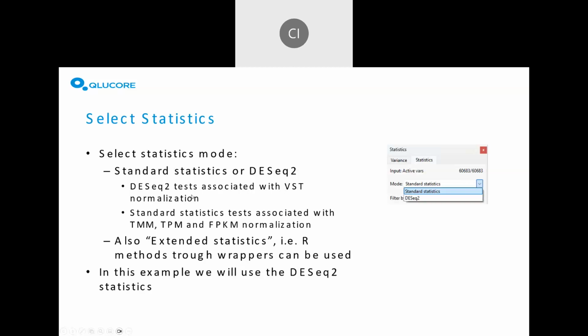So if you know that you're going to use DSEQ2 for statistical test, then you select VST as the normalization. And then if you're going to work with standard statistics, then you can select TMM, TPM or FPKM normalization of your data. There is also extended statistics like before. That means that you can call R methods that have got wrappers from inside the tool. So that's also possible. In this example, a bit later on, we'll use the DSEQ2 statistics.